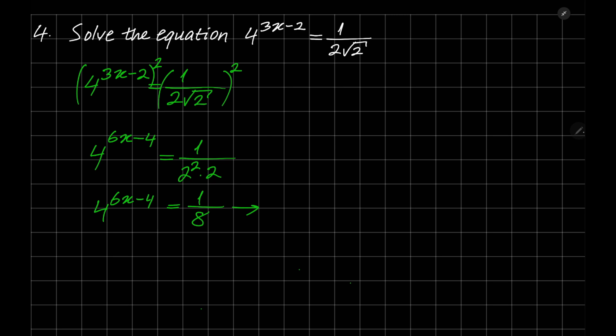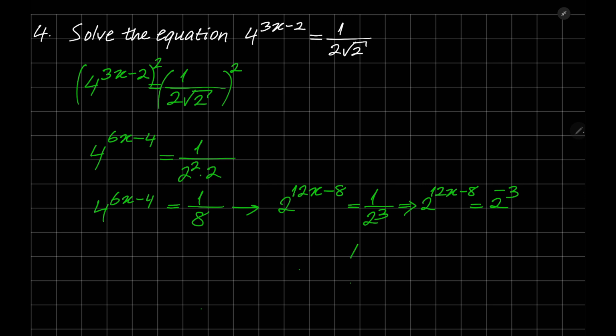Then 2 to the power of 12x minus 8 will be equal to 1 over 2 to the power of 3, which implies that 2 to the power of 12x minus 8 is equal to 2 to the power of negative 3.